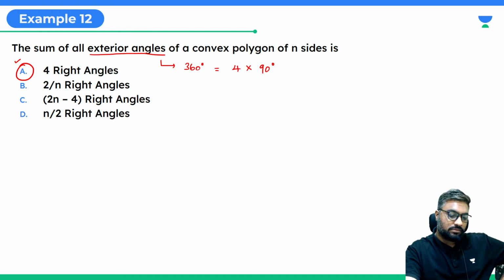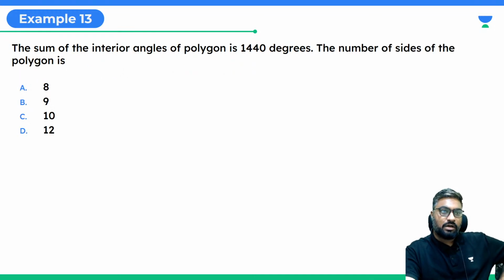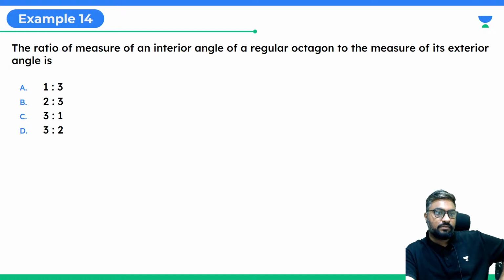Cool. चलो, this is also homework. नंबर ऑफ साइड्स ढूंढना है तो आप कर सकते हो. होमवर्क. ठीक है, ये ट्राई करो.